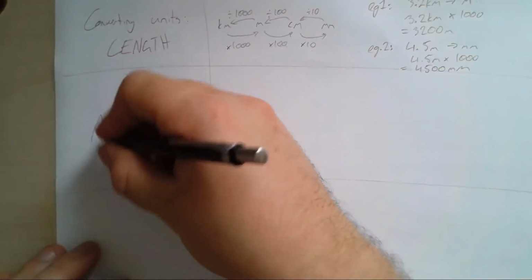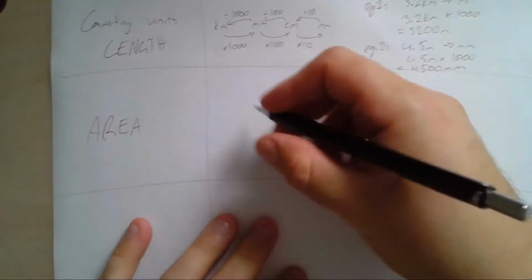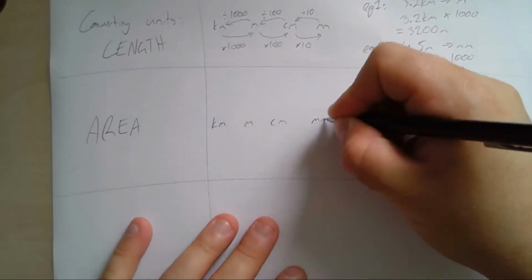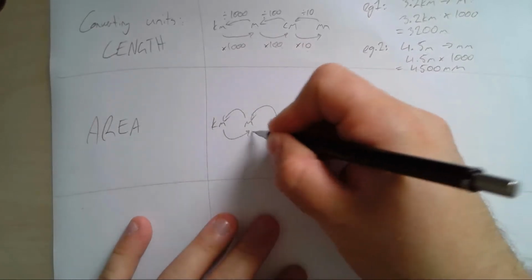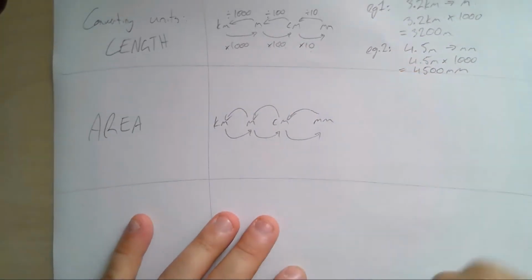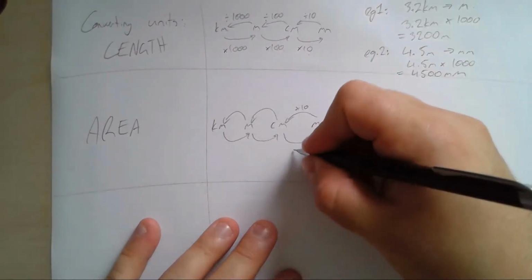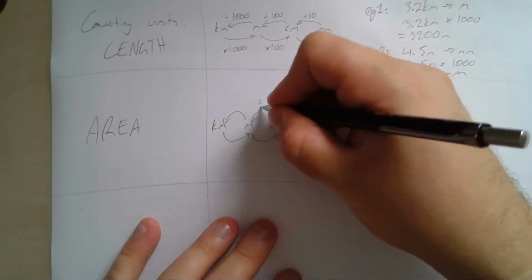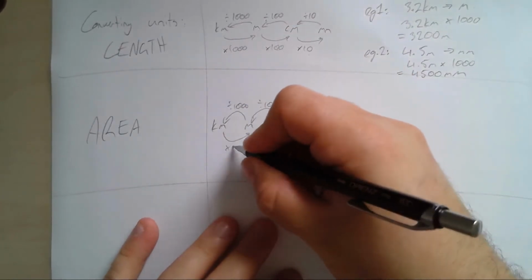Converting area next. Converting units of area is really the same thing. Okay, we start off with kilometers, meters, centimeters, millimeters. We draw our arrows in, and it's actually the same units. Millimeters to centimeters is 10. Okay, that's divide, sorry, divide by 10, divide by 100, divide by 1,000, times by 1,000.